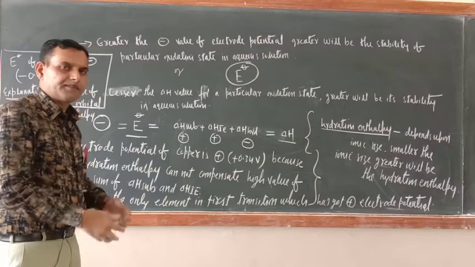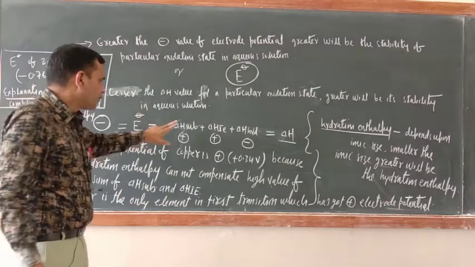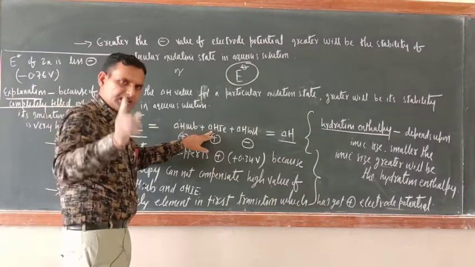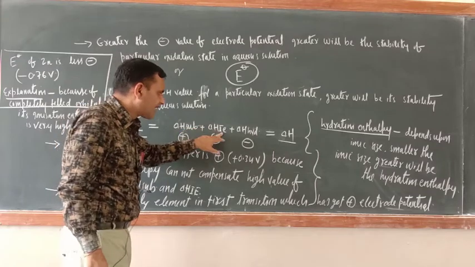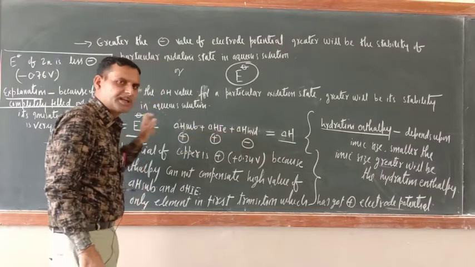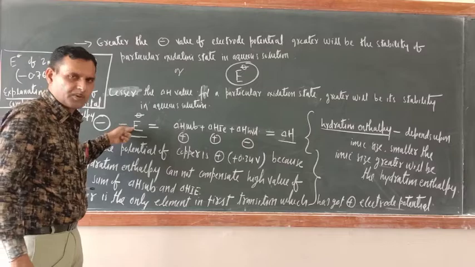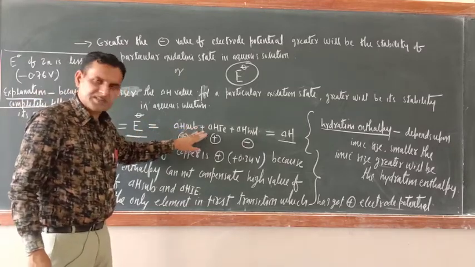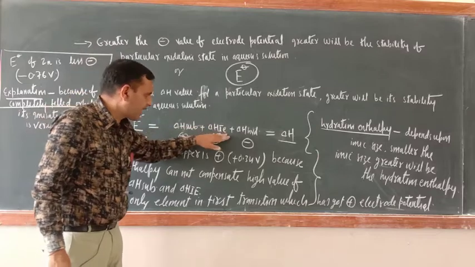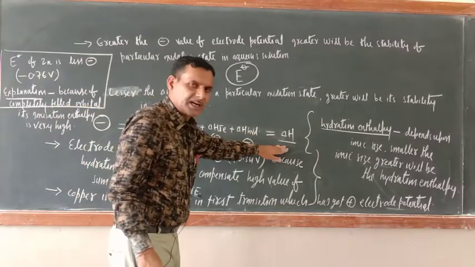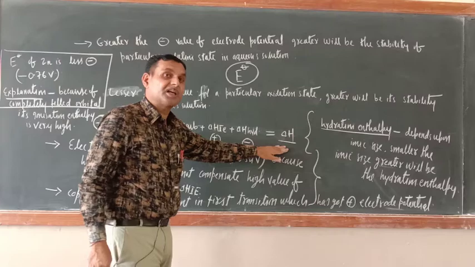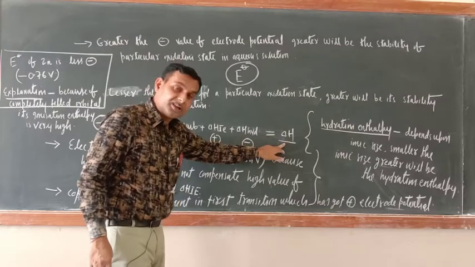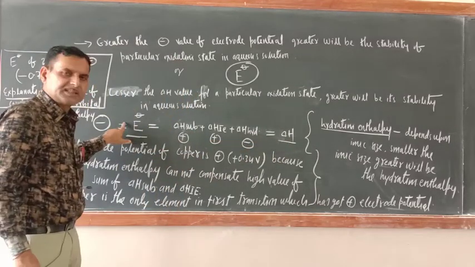So just remember, don't think that by summing sublimation enthalpy, ionization enthalpy and hydration enthalpy you will get the electrode potential. Not at all. After the addition and subtraction of sublimation, ionization and hydration, you will get the overall enthalpy change, the delta H value. And on this value only, electrode potential depends.